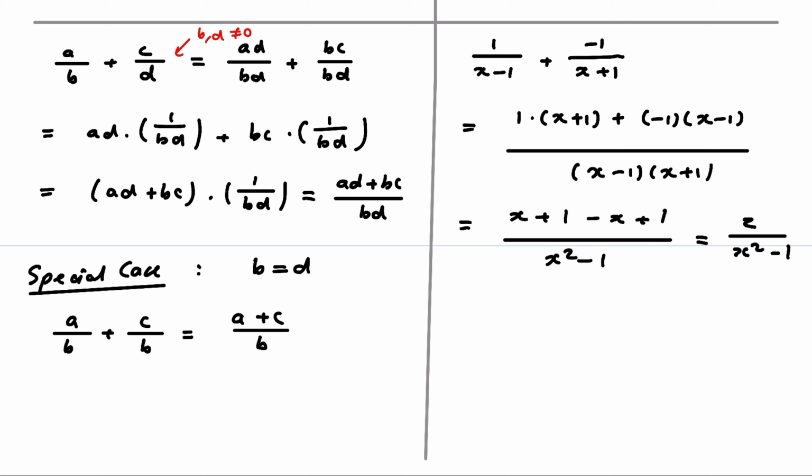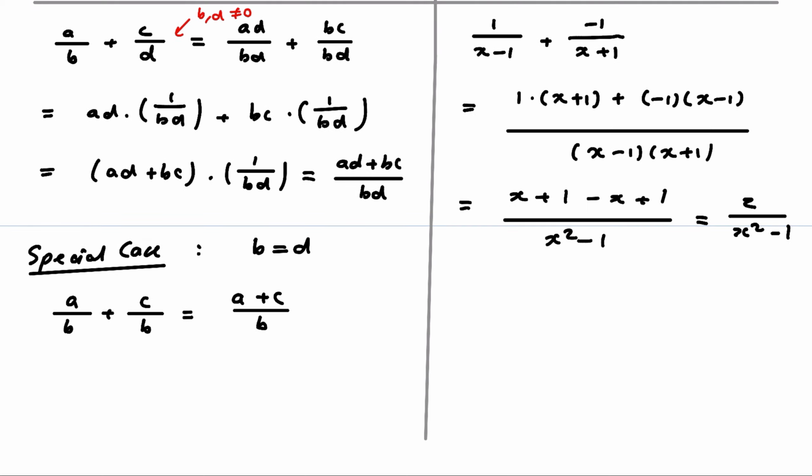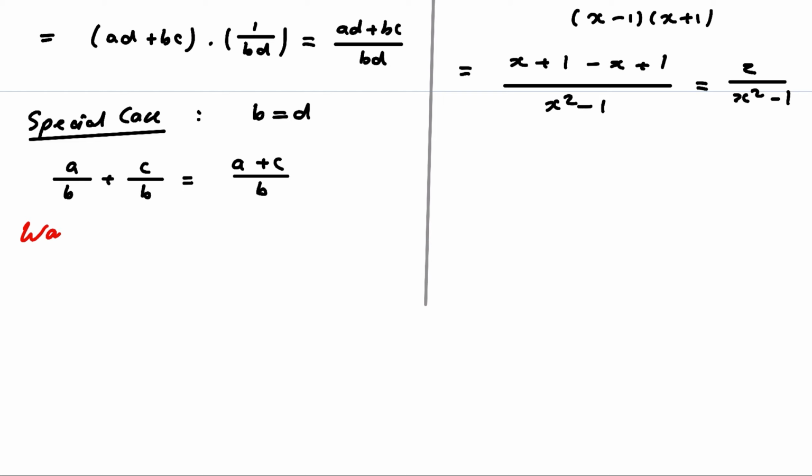And a warning here. Very important. Don't make the mistake of thinking that the sum of two things works the same way as products. It is not the sum of the terms on top, the numerators, and the denominators. That is horribly false.